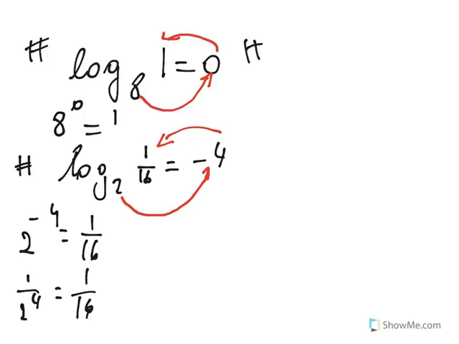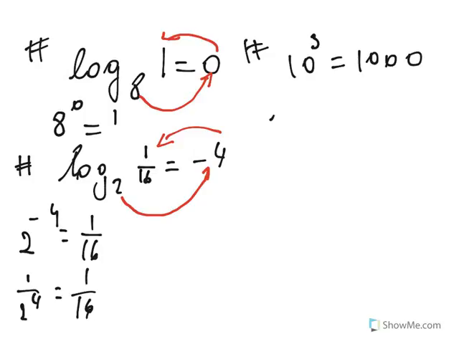Now, in this example, we have to write each equation in logarithmic form. So it's the opposite of what we did so far. We have 10 to the 3rd power equals 1,000. We know that the base is 10, the y is 3, and the x is 1,000.